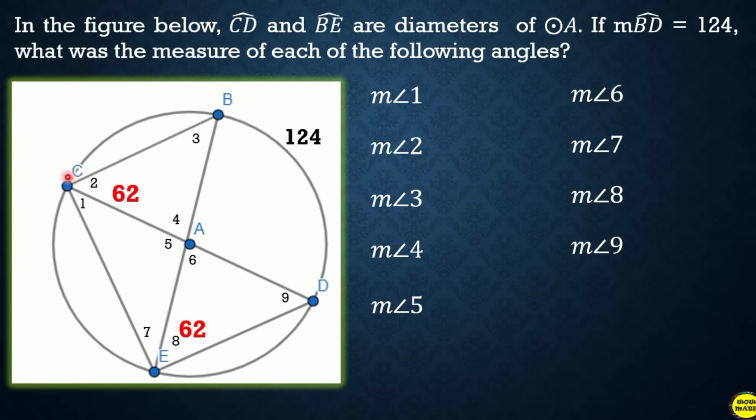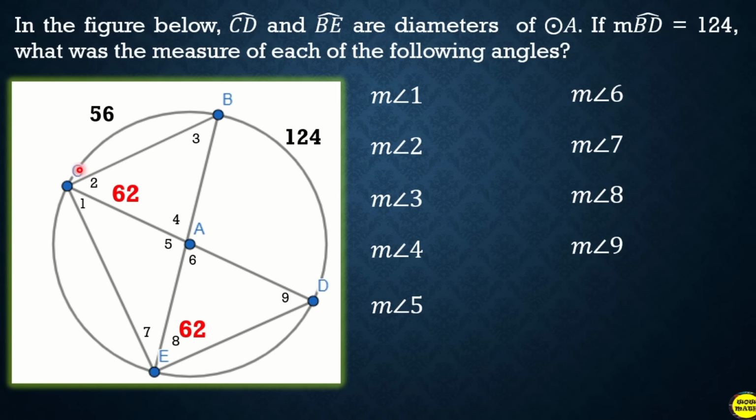So, since yung CBD natin is a semicircle, ang sukat nito ay 180. Since meron na tayong BD, may sukat tayong 124, para makuha natin ang sukat ng BC, ang gagawin na lang natin, si 124, subtract natin from 180. And that is 180 minus 124. The answer is 56. Okay.